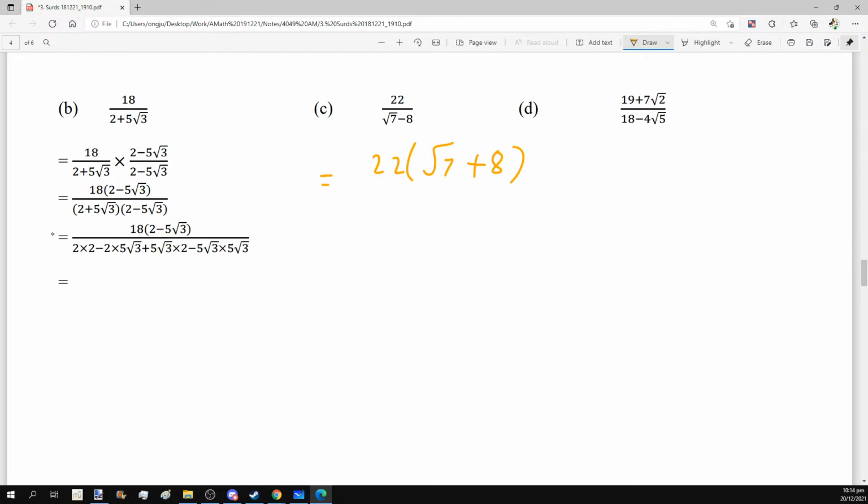The bad news is this is not the conjugate surd. The good news is this will still get you the correct answer, because you can still do A square minus B square. So if the question asks you for the conjugate surd specifically, you will get into trouble here. If the question doesn't ask you, then you are free to do what you want.